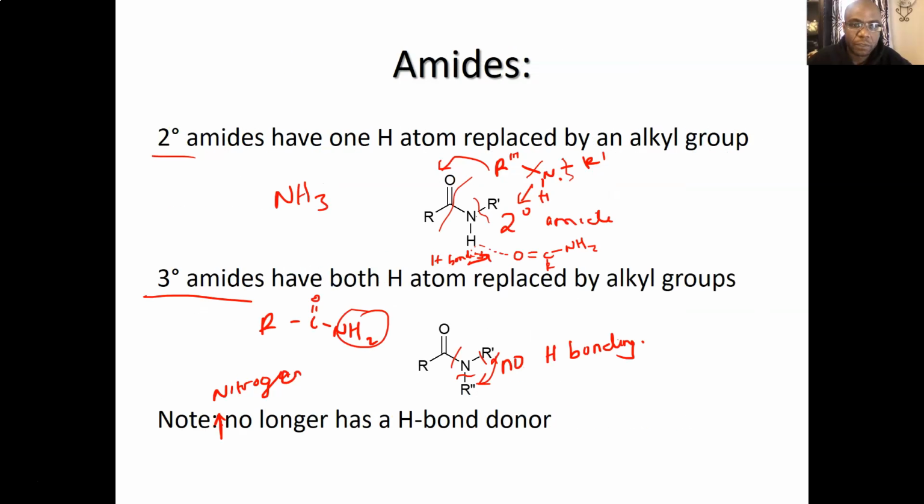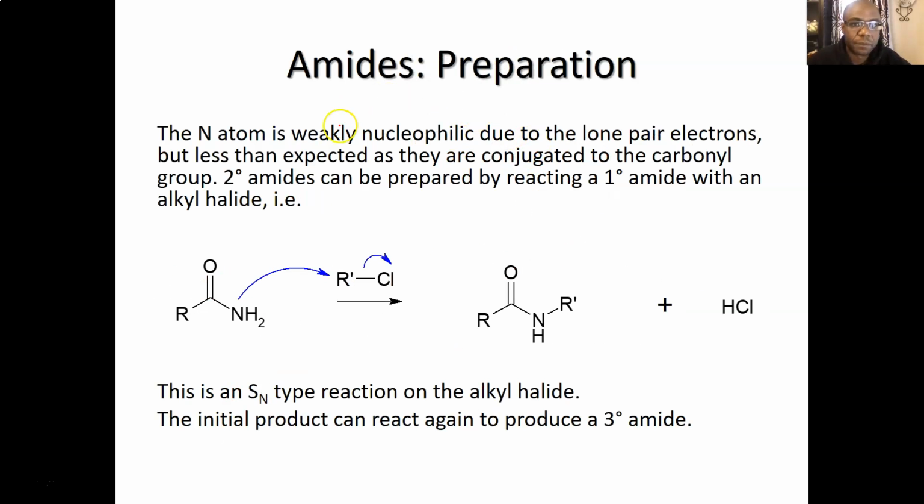Okay, so what are the reactions of primary amides that will lead to formation of secondary amides or tertiary amides? This reaction is called N-alkylation, nitrogen alkylation, meaning you are adding an alkyl group.